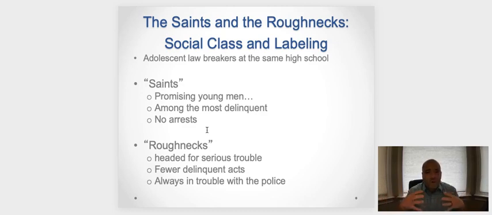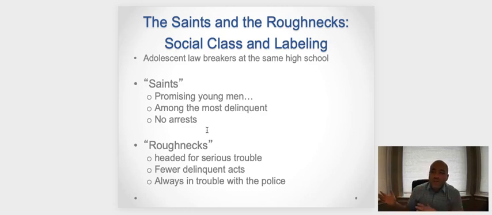They are engaged in more and more severe deviant behavior than the roughnecks kids, but because of how the people in the town perceived these two groups of people, the police watched only the roughnecks kids. The police expected the roughnecks kids to be engaged in crimes, and they were engaged in crimes, just like the saints kids were.